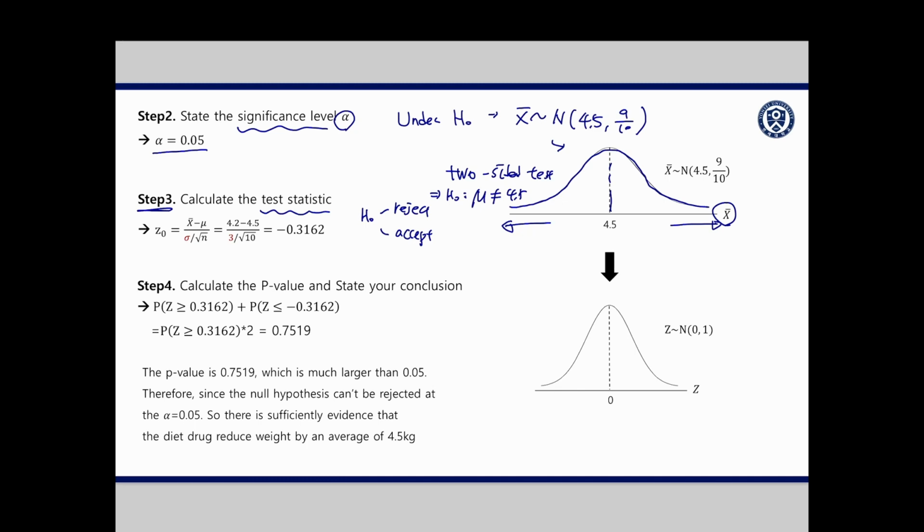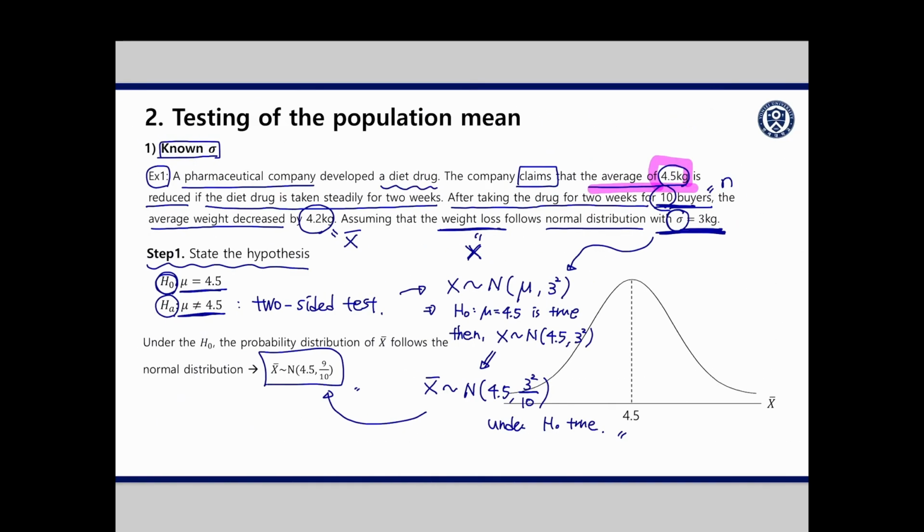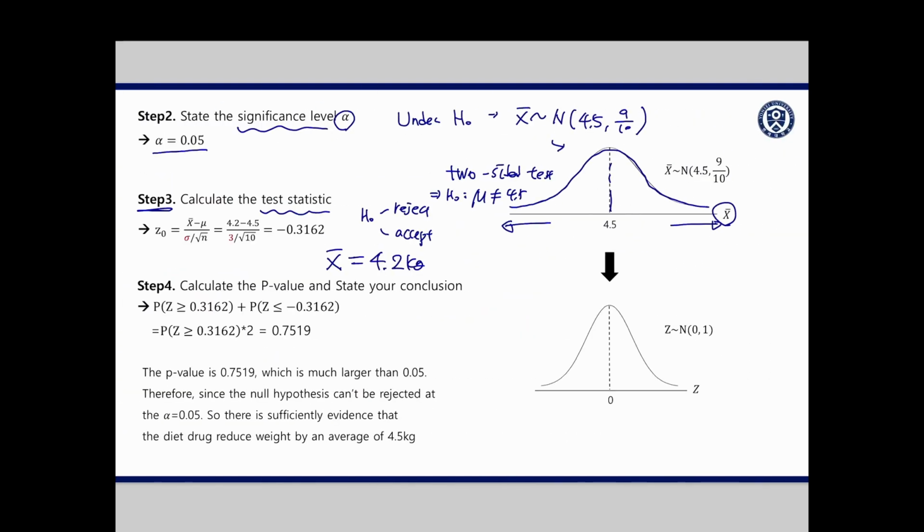So in this example, the sample mean, the X bar, is given as 4.2 kilograms. Therefore, the test statistic is 4.2 kilograms. So the p-value is like this.